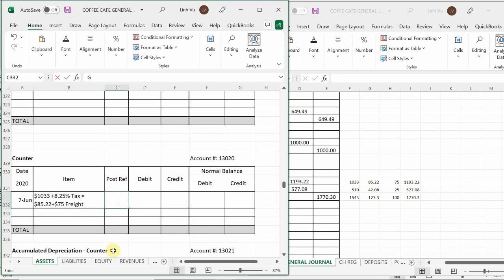Post reference, Journal 2. And I have this for $1,193.22.